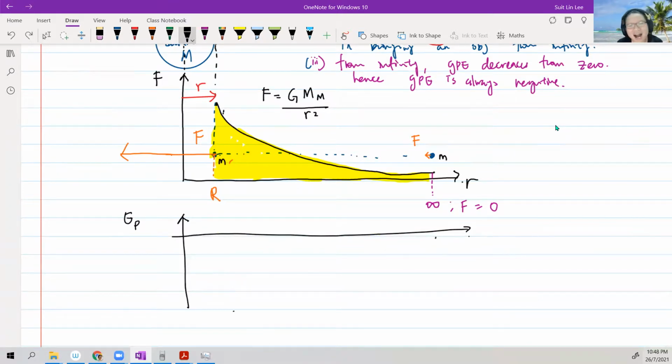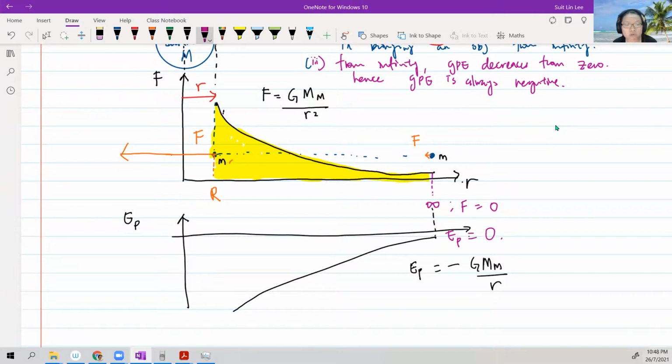But it's an R graph, so it doesn't curve that steeply. EP is negative GMm over r, so I get this graph, not as steep as the F graph. Maybe I should draw the F graph steeper, but you get the point. But at infinity, it's still 0. At infinity, there's no energy because there's no force.